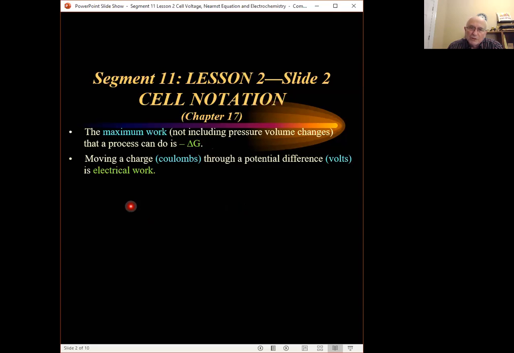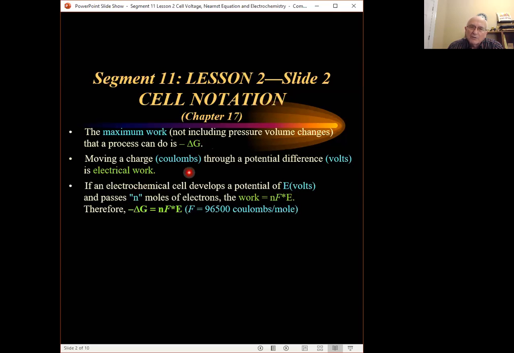Now, when you're moving charge through a potential difference, that's also a free energy. That's an energy that doesn't involve any PV work. So when I move an electron from a place of one voltage to a place of another voltage, I change its energy.